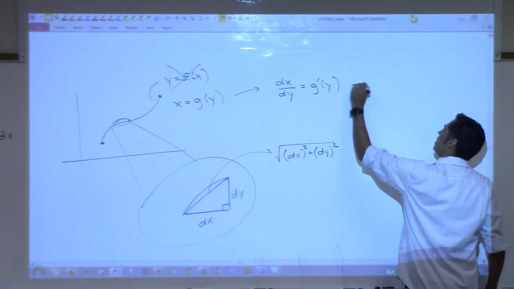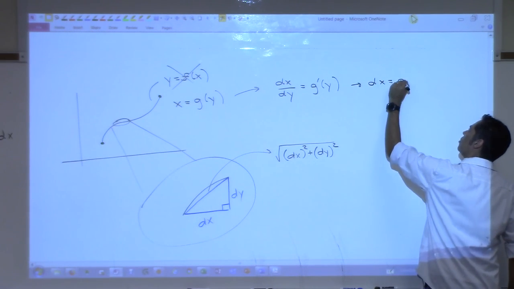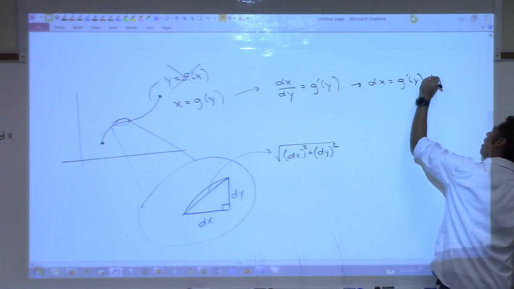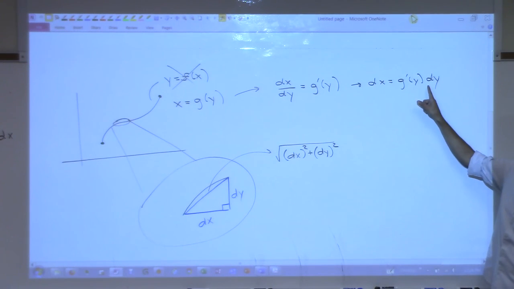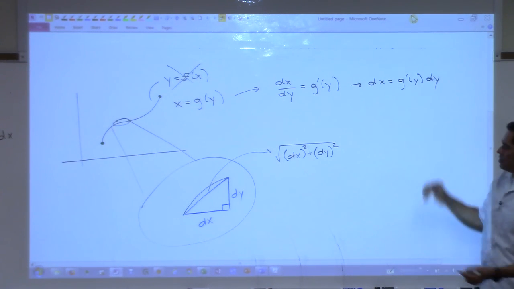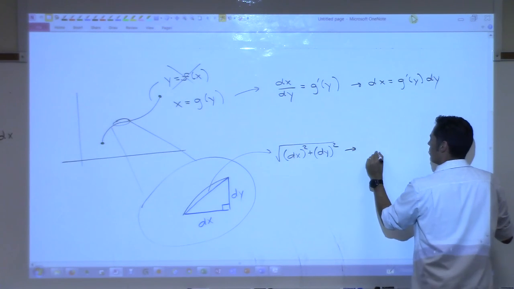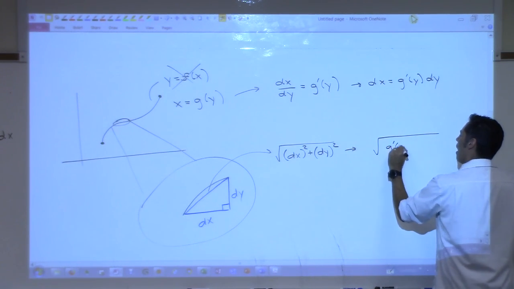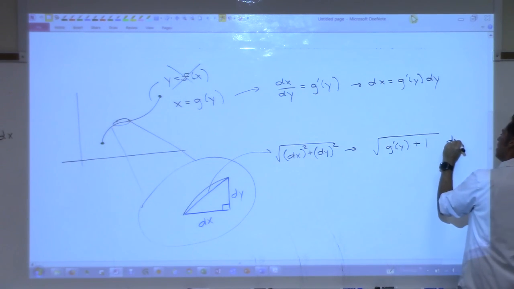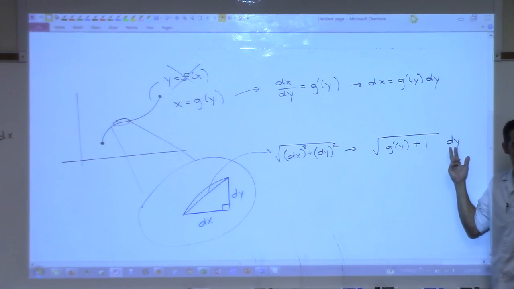So that means that dx is equal to g prime of y dy. And then I replace this with that, right? And so what you essentially get is this. I'm not going to go through all the details because it's exactly the same. You're going to get g prime of y squared plus 1, and then a dy factors out this time instead of a dx. dy comes out.